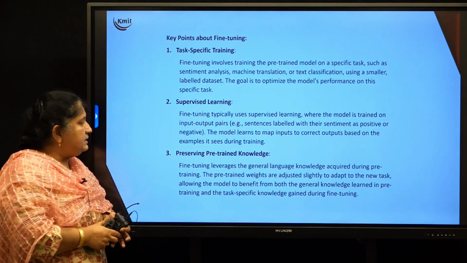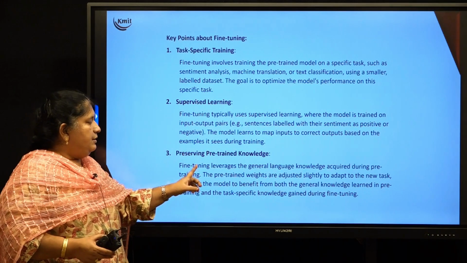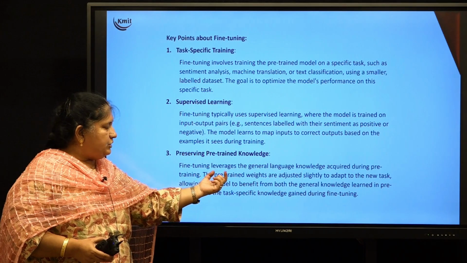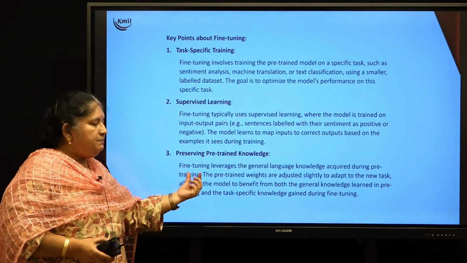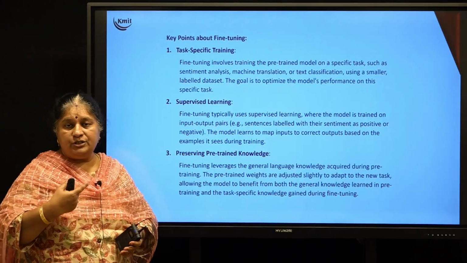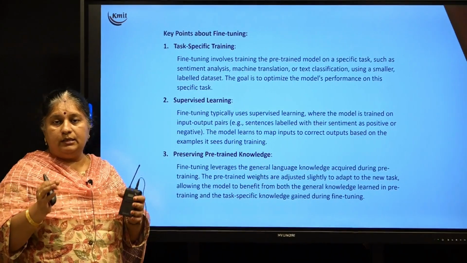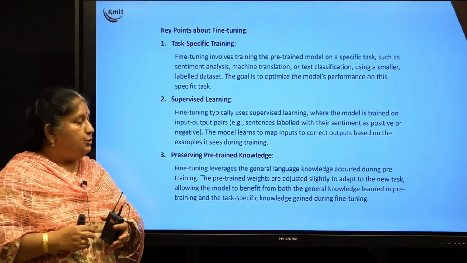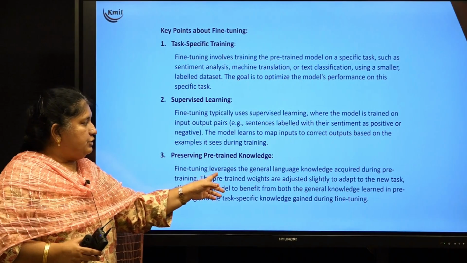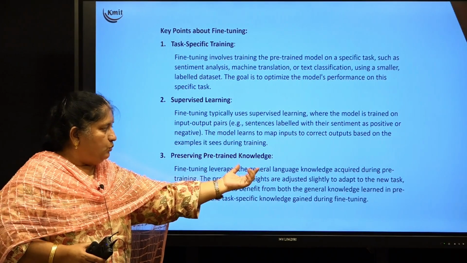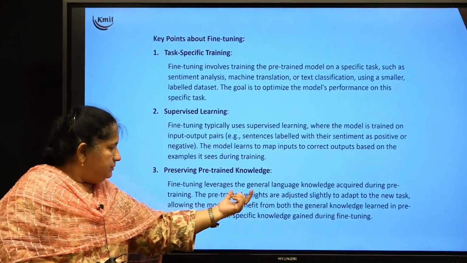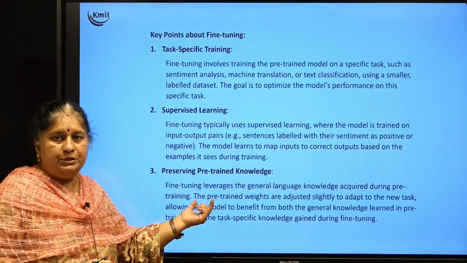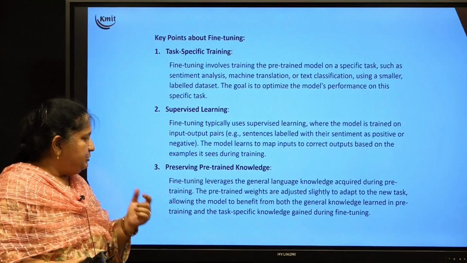Then, preserving pre-trained knowledge: fine-tuning leverages the general language knowledge acquired during pre-training. As I kept mentioning, during pre-training we are learning the entire language. During fine-tuning, we are trying to use whatever knowledge we acquired during pre-training.